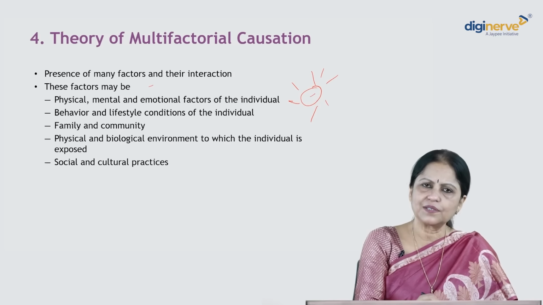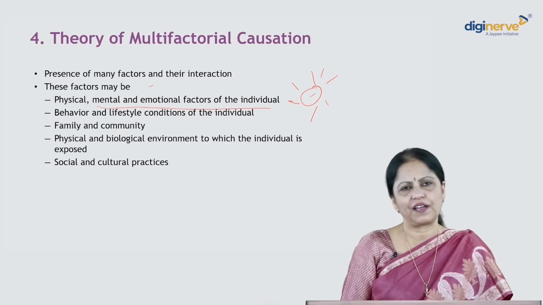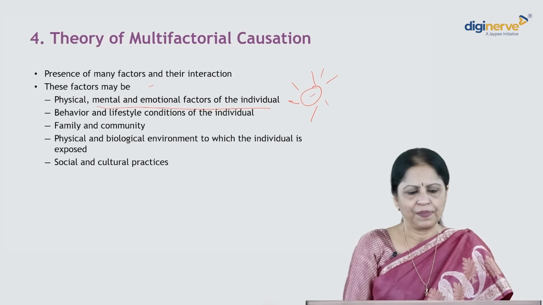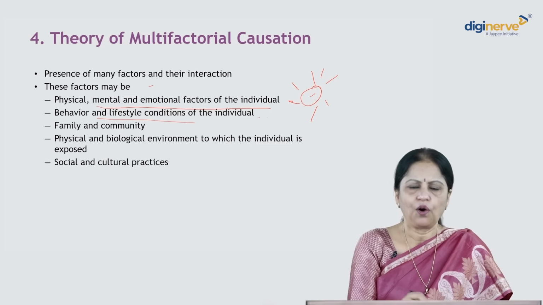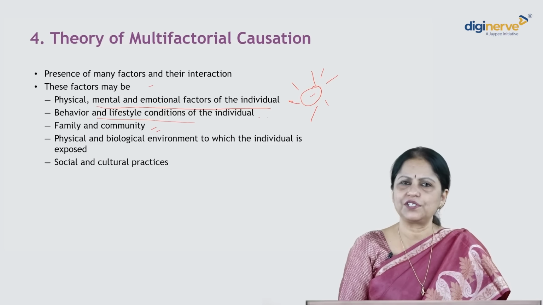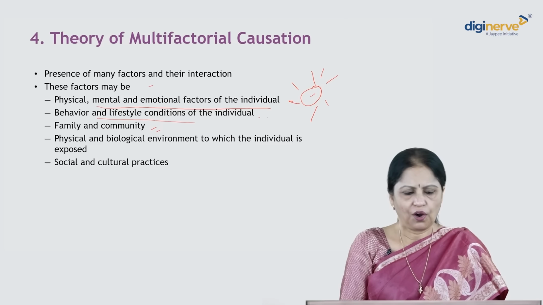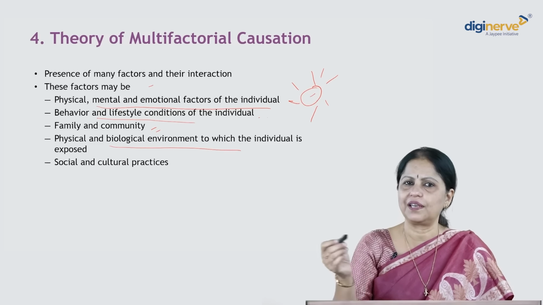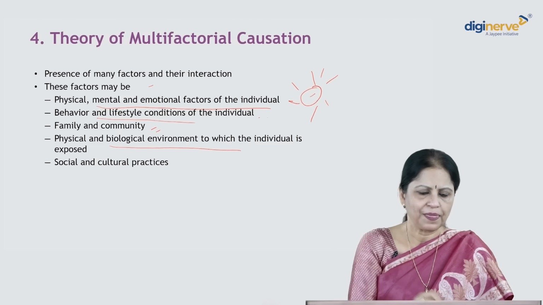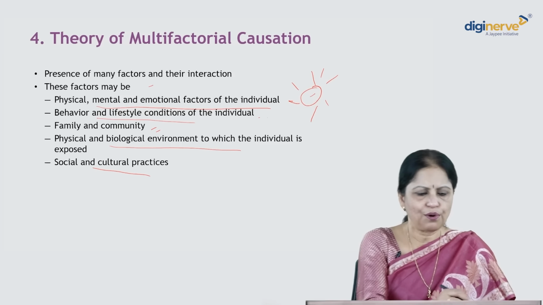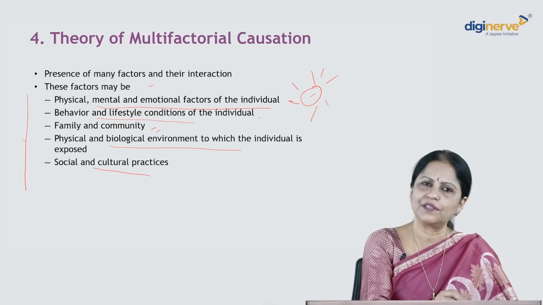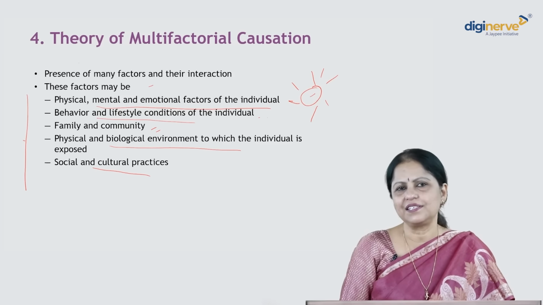These factors may be physical, mental, emotional factors of the individual himself, or the behavior and lifestyle conditions of the individual, or the family and the community to which he belongs, or the physical and biological environment to which he is exposed, and also the social and cultural practices that he follows. All these together determine whether the person will get the disease or not.